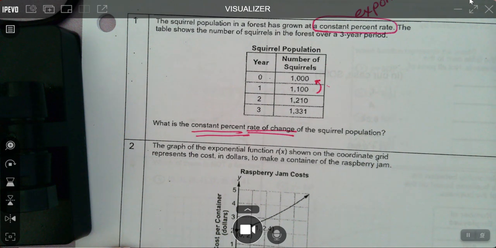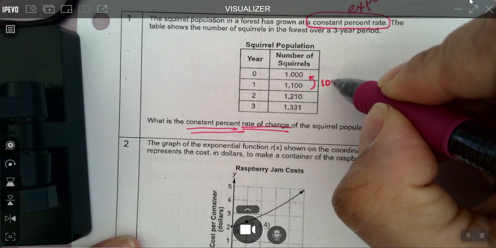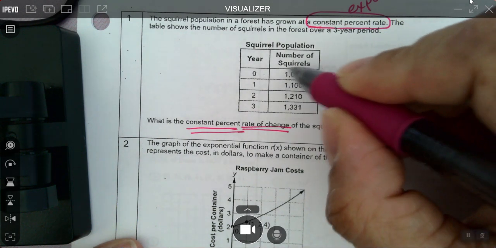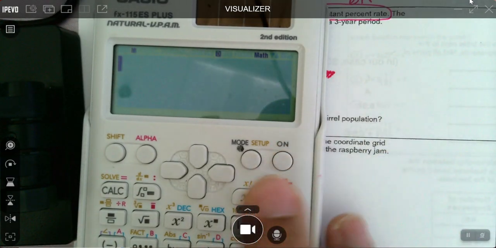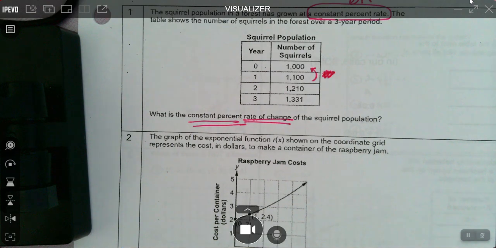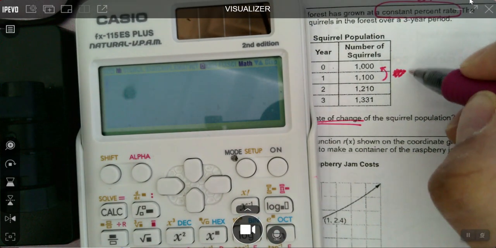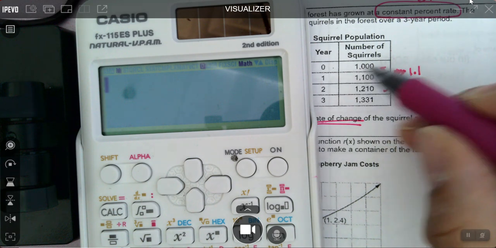How are you going to give me the answer if you're not on that calculator? 1,100 over 1,000. 1.1? Are you guys sure? Let me just do my. Okay, Miles, what is 1210 over 1,100?